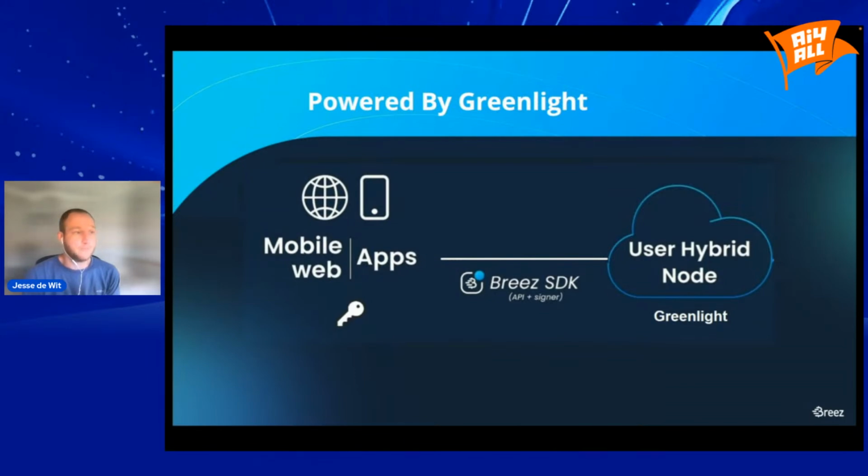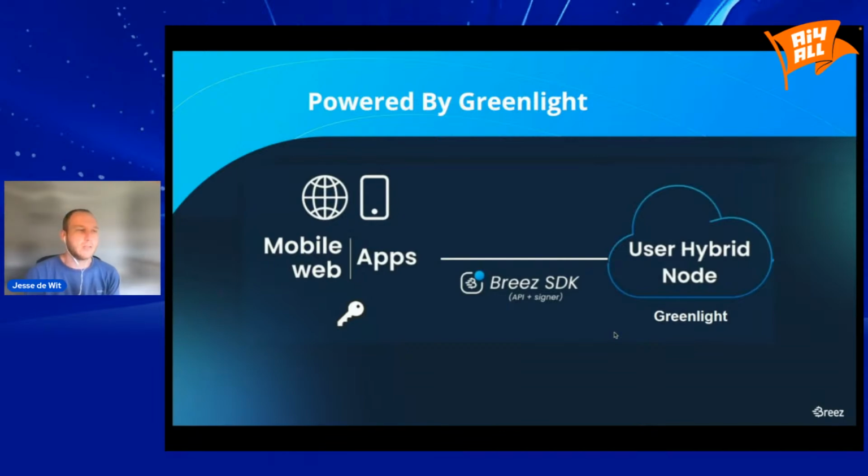So Greenlight, it's a product by Blockstream. What you get is a Lightning node in the cloud, but you hold the keys locally. And you can see Greenlight as the infrastructure provider for hosting your Lightning node. Because hosting a Lightning node is a specialized business, and you don't want newcomers to think about database security, networking security, firewalls, upgrades, all these things.